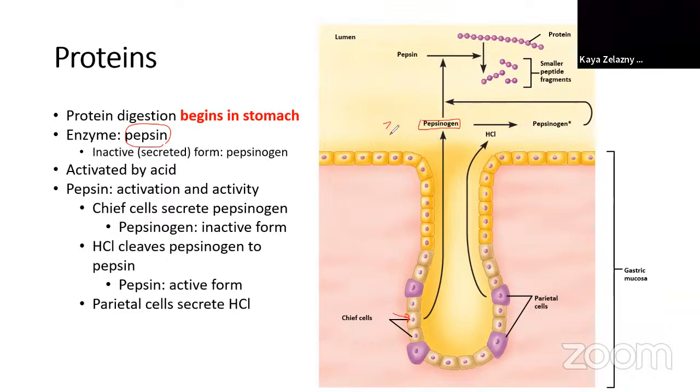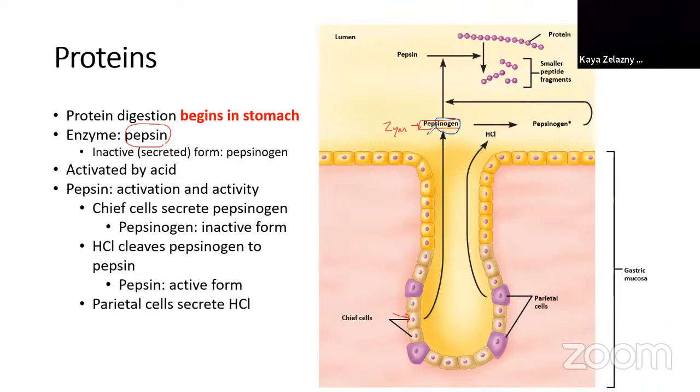So whenever we see that -ogen ending, that's a clue to us that we have some inactive protein, right? We saw that ending when we thought about clotting, right? We saw plasminogen. We've seen this sort of ending before.